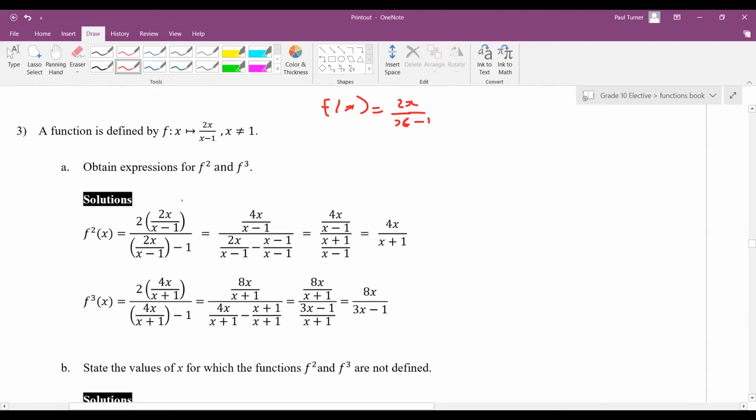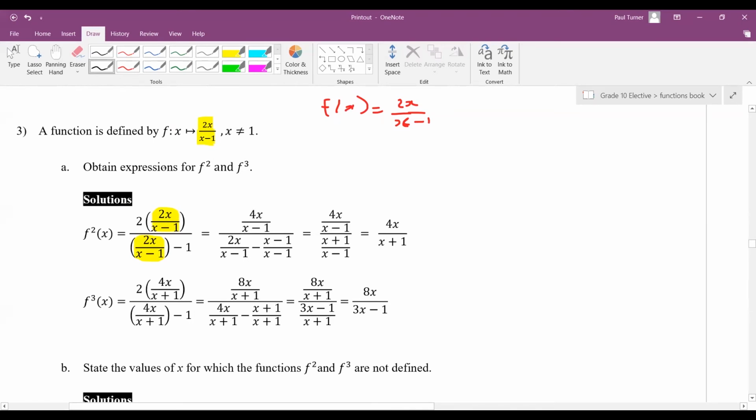So do you see what's happened here? The 2x on x minus 1 has been substituted into itself here and here. So we put the function inside itself. Don't stop here.